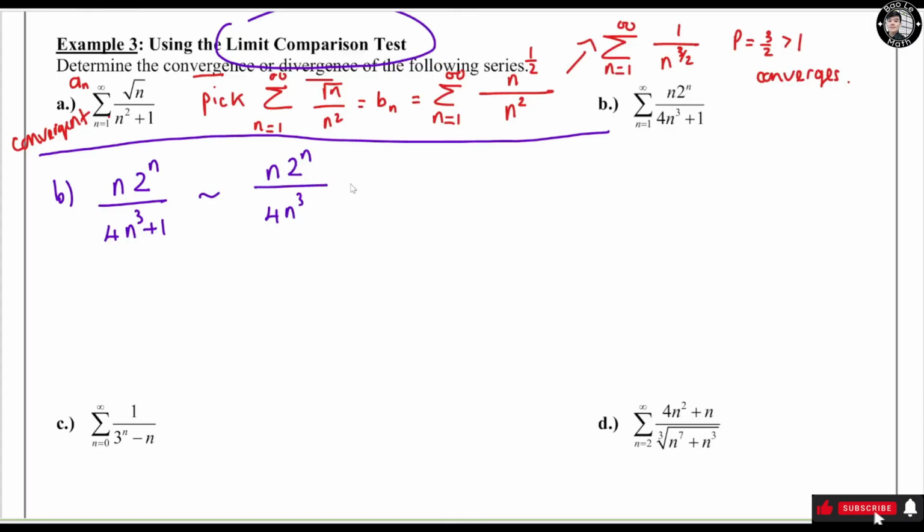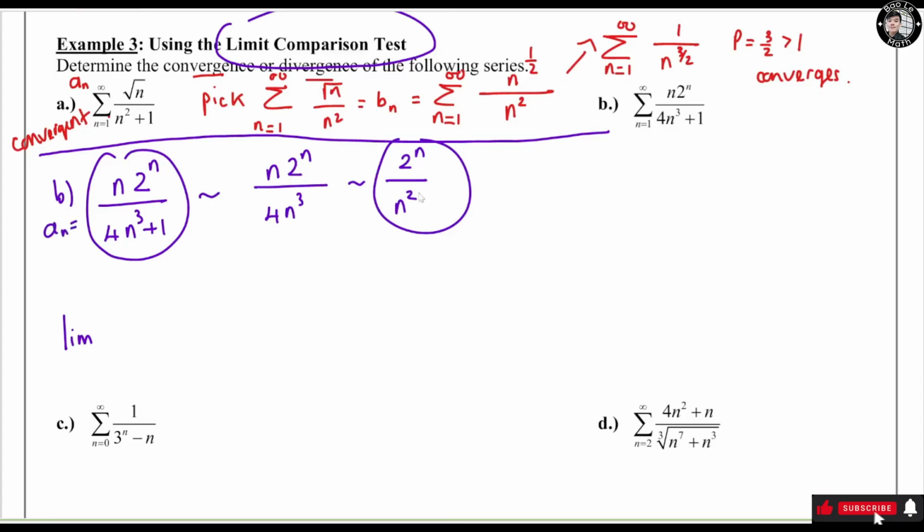And then this is the same thing as 2 to the n over n squared. The n and n right here cancel out, and the 4 you just ignore. So then we're going to compare this with this. I call this a sub n, and I call this one b sub n.